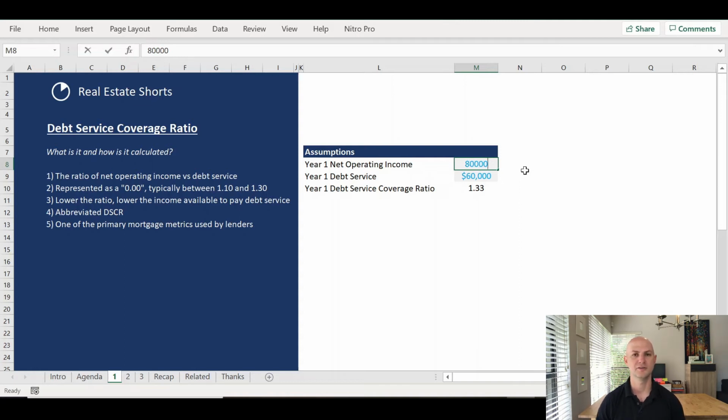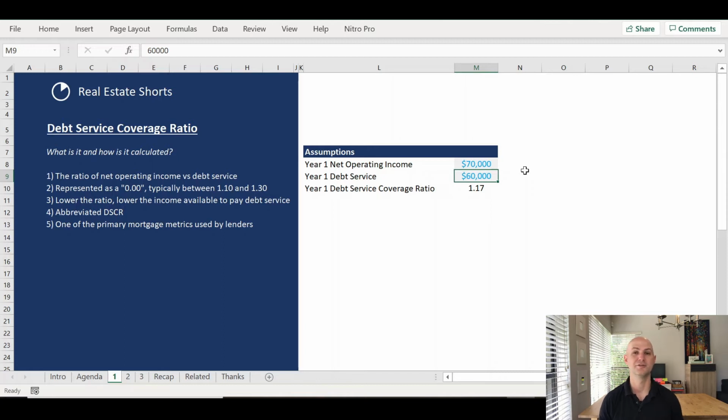Let's say, for argument's sake, the NOI goes down to $70,000. Now you have less coverage. Whereas before you had 1.33, now you have 1.17. You don't have as much income to cover that annual debt service.